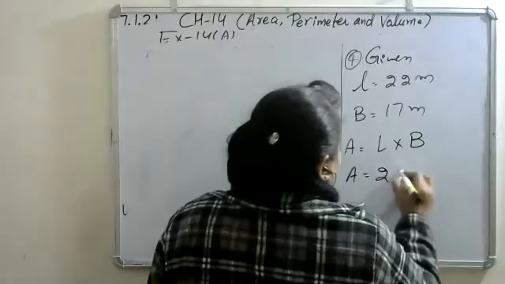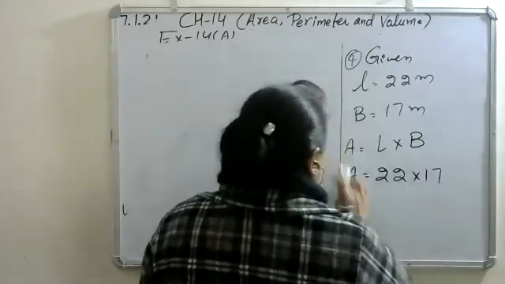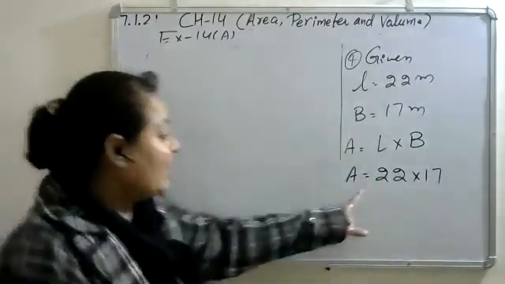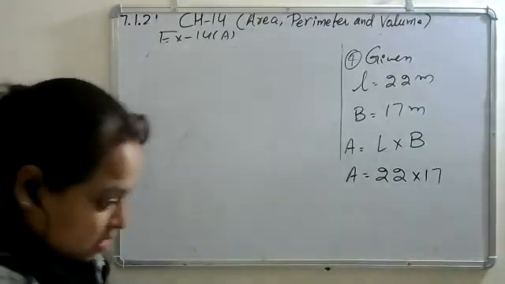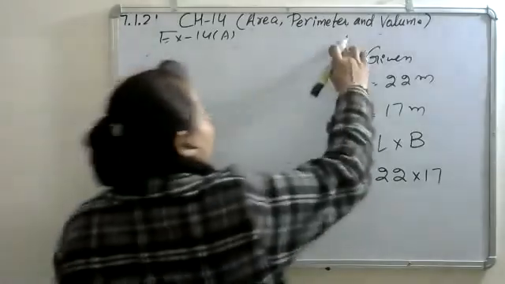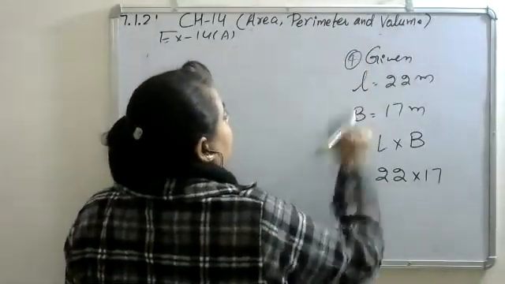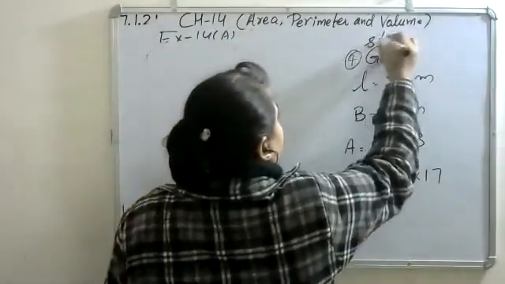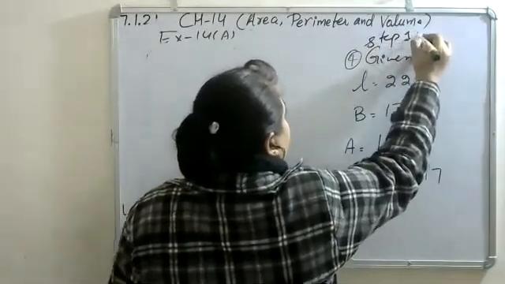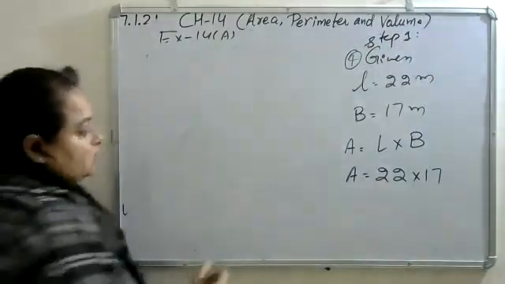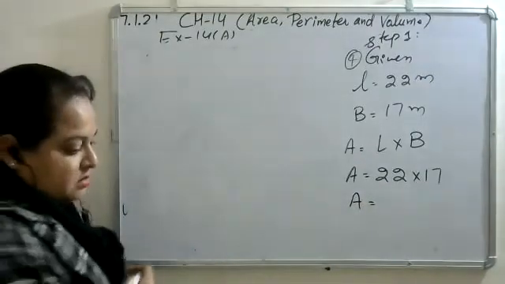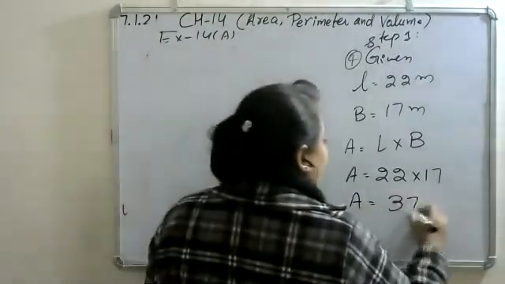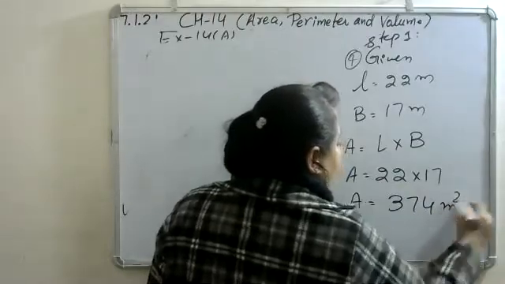Yes. So 22 multiplied by 17. Students, multiply and write down your result in the chat box. I am waiting. This is the step number 1 of 4 question. Ma'am, 374. Yes, 374 meter square.